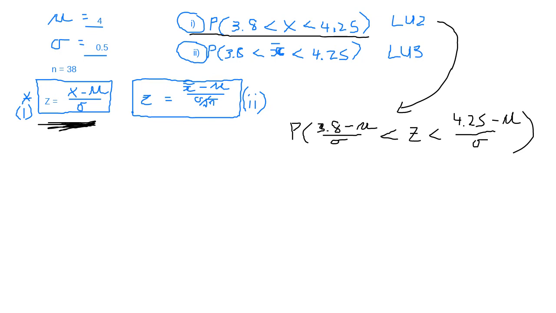Now I know what sigma is. Sigma is 0.5, that's why I wrote it down, and mu is 4. So all I need to do is substitute those values. The left-hand side will be 3.8 minus 4, because that's what mu is, divided by sigma, which is 0.5.